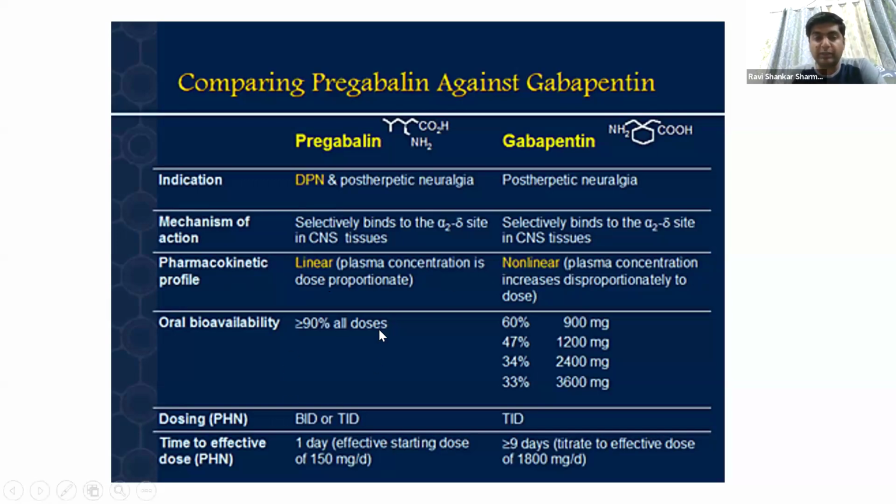Talking about oral bioavailability, for all doses pregabalin's is more than 90%, while gabapentin has a maximum of 60% bioavailability even at 900 milligrams. Onset is faster with pregabalin; gabapentin is a bit slower. It takes 2 to 3 weeks for its entire effect. Okay. So BD dose for pregabalin and TDS dose for gabapentin. This is the difference you must know.